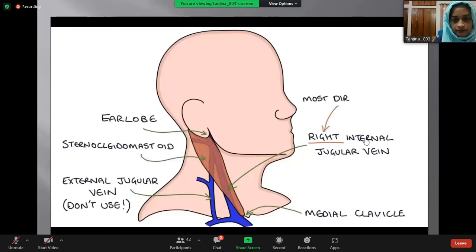The right internal jugular vein is used because it is the direct continuation of the superior vena cava and right atrium, and it lies directly above the right atrium.